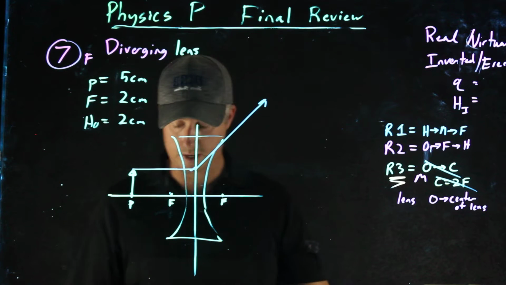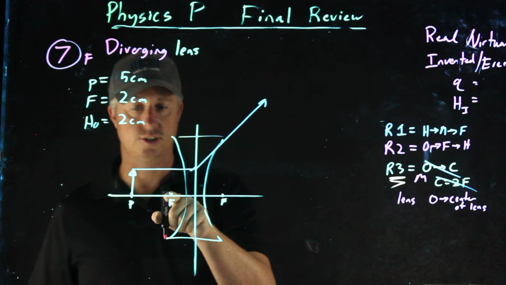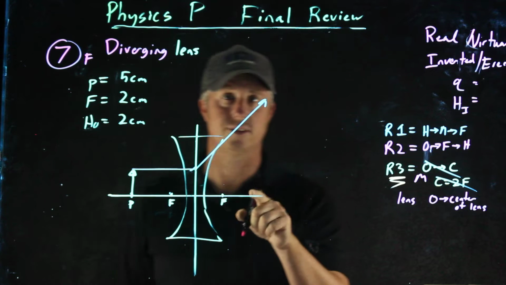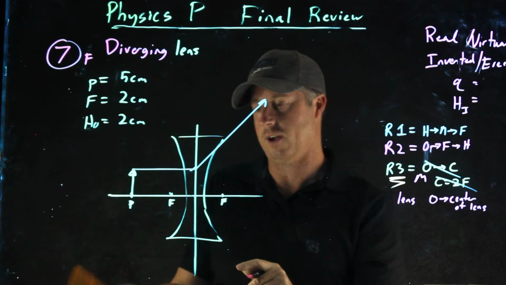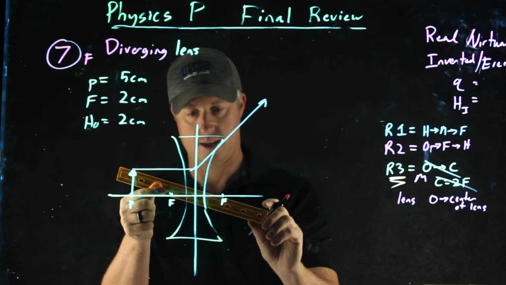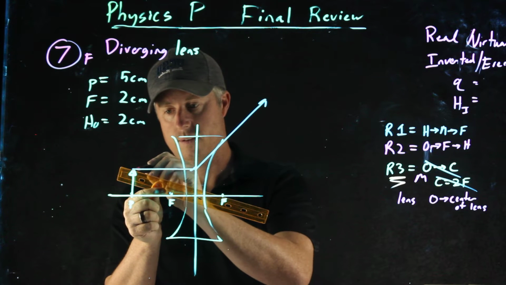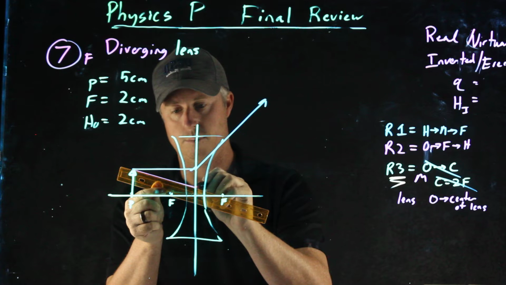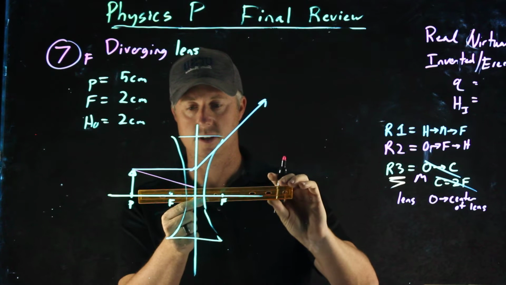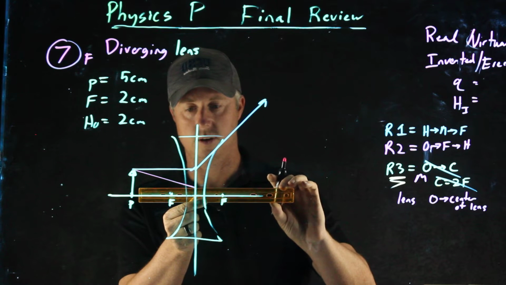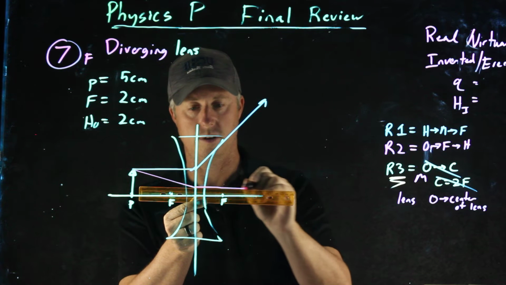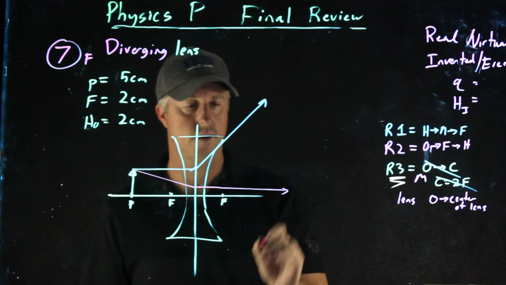Cool. My second ray, my red one, I just used this focus. I want to use the other focus. So I'm going to aim my ruler from the object directly at the other focus. Bam. And when I hit the lens, it then bends and goes horizontal from then on.